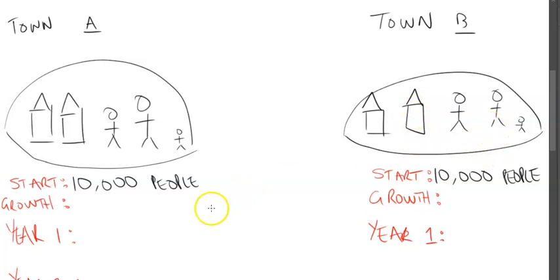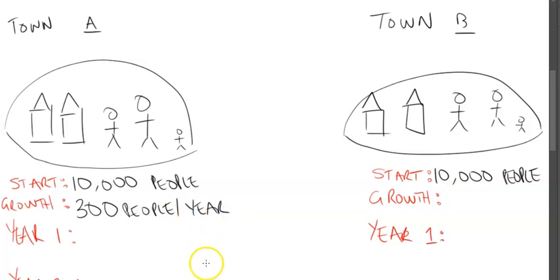Now, here we have this word growth underneath both of them. This just talks about how much people are added into each town. For the growth for Town A, I set it as 300 people per year.